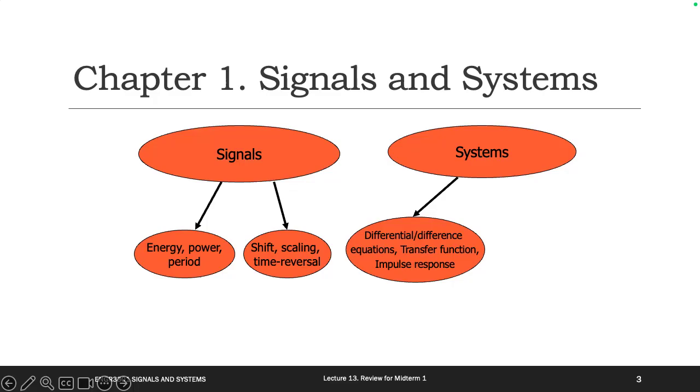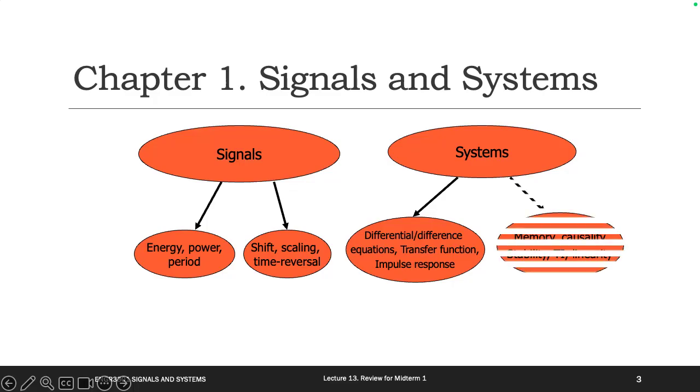Actually, when we talked about the inverse system, the transfer function can help you easily find the inverse system. And the impulse response is related to the impulse function and the step function. This can help you to deal with the signals. And what else?